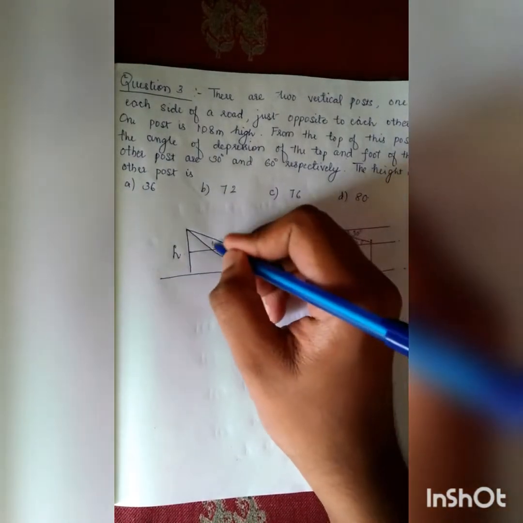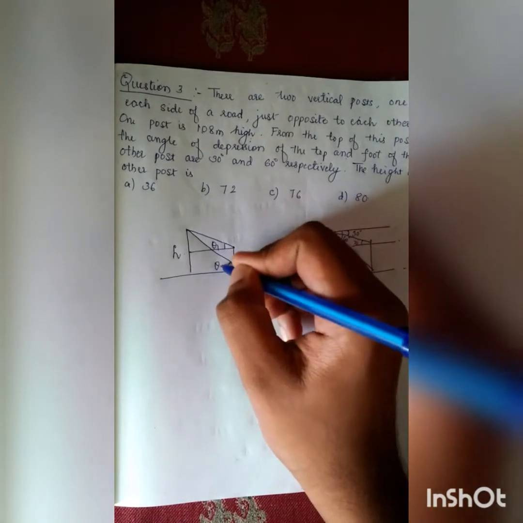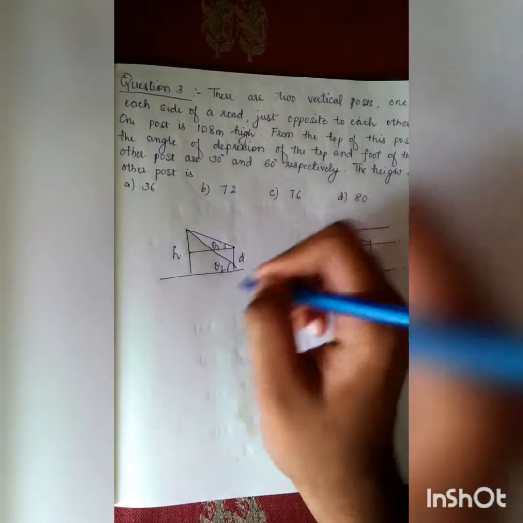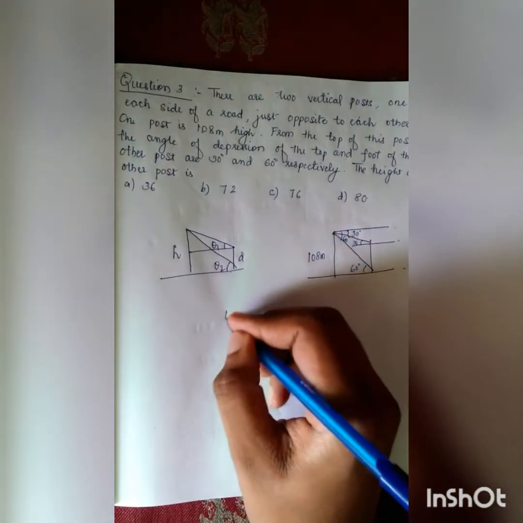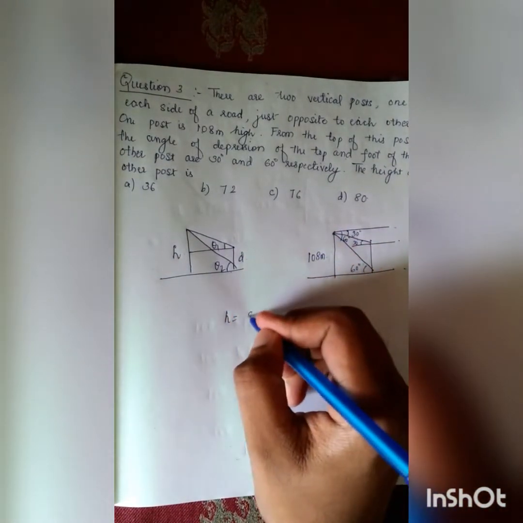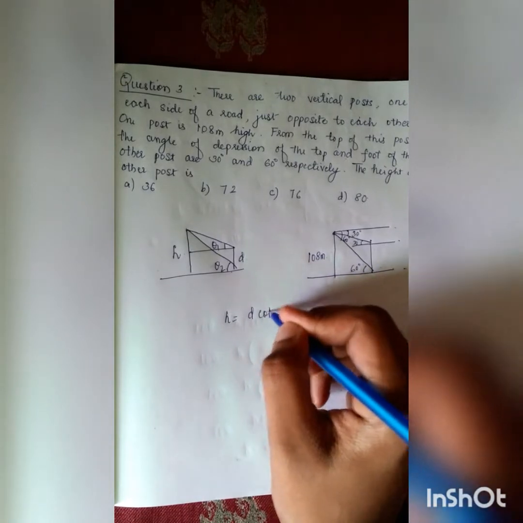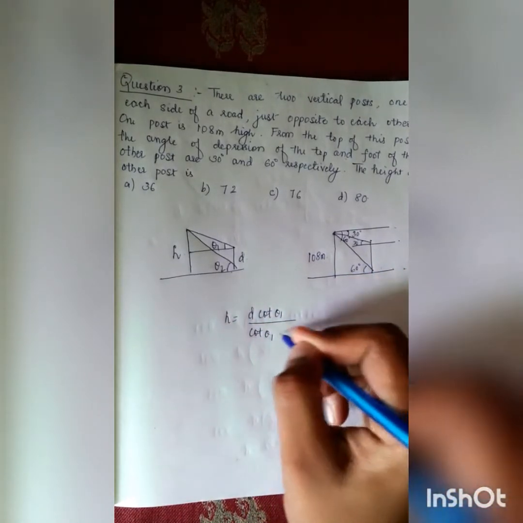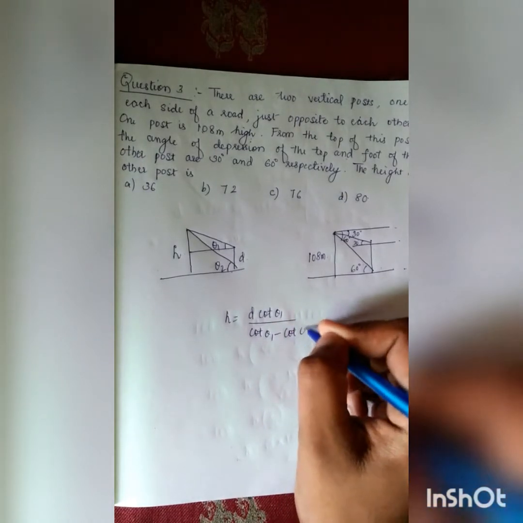The small angle is taken as theta 1 and the big as theta 2. So for this type of problem, the shortcut is h is equal to d into cot of theta 1 divided by cot of theta 1 minus cot of theta 2.